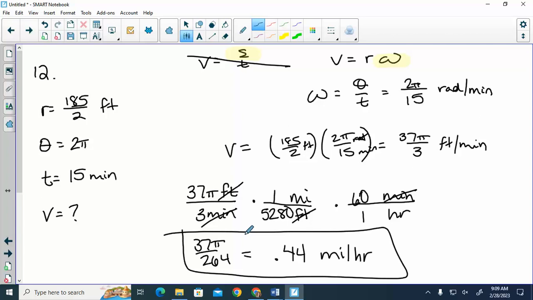So on these conversions, if you write out what you have and you write your units with it, it helps a lot. And then try to set up that fraction so you can see, okay, I need these to cancel. So 1 on top, 1 on the bottom. Anything else on this page that gave you trouble?